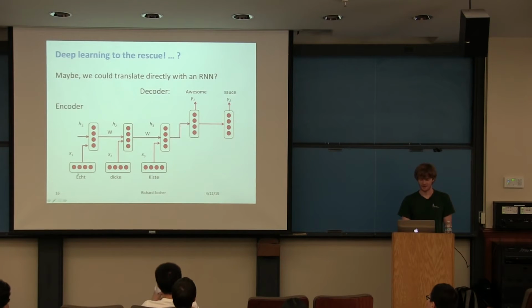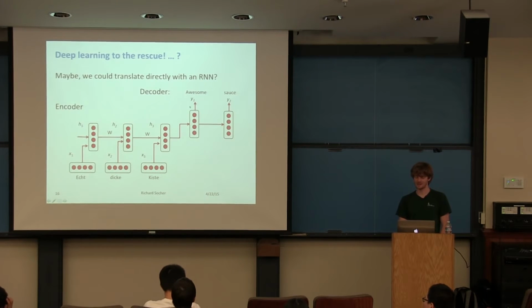And so here we have a German sentence, and maybe we just translate it to "awesome sauce" in English by taking each word here into a recurrent neural network and then taking this vector and from this vector immediately translating. And these here would all just be logistic regression, our softmax layer that we have for other language models, but this time we don't just try to predict the next word, we actually try to predict the sequence of words that come conditioned on that hidden vector.